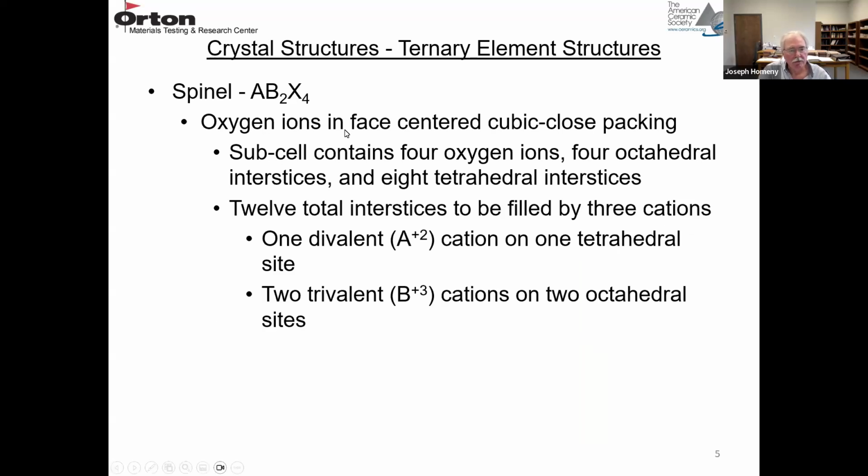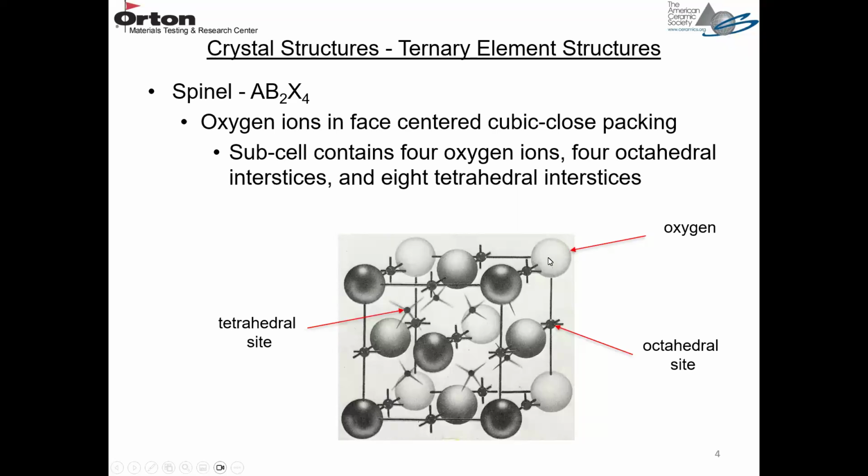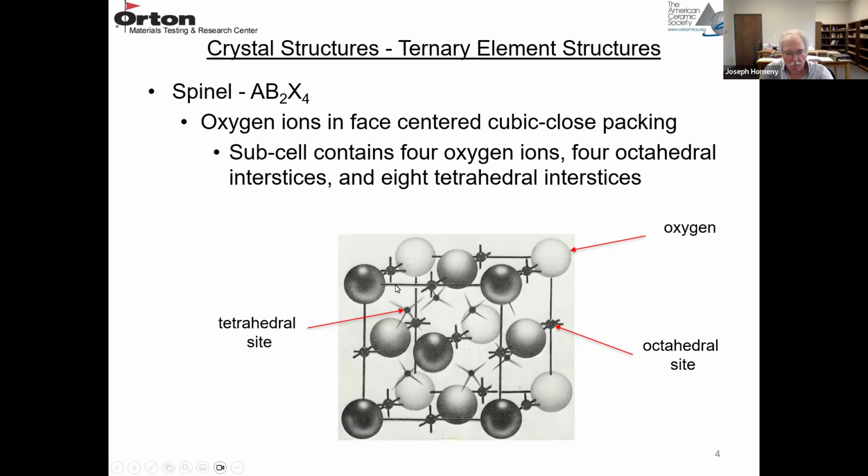So the oxygen ions are in this face-centered cubic structure, and I just showed a subcell. It contains 4 oxygen ions, 4 octahedral sites, and 8 tetrahedral sites. At the corners, there's 1/8 oxygen in this subcell.